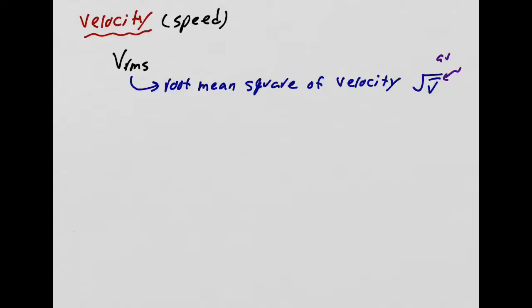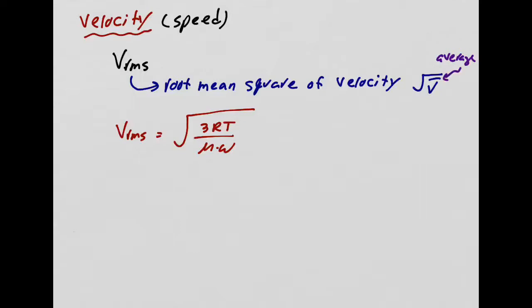That line means average. Every time you see that line on top, that means average. Okay. Now I'm going to give you the equation, the root mean square velocity for gases. Here's the equation. 3RT over molecular weight, all under a square root.